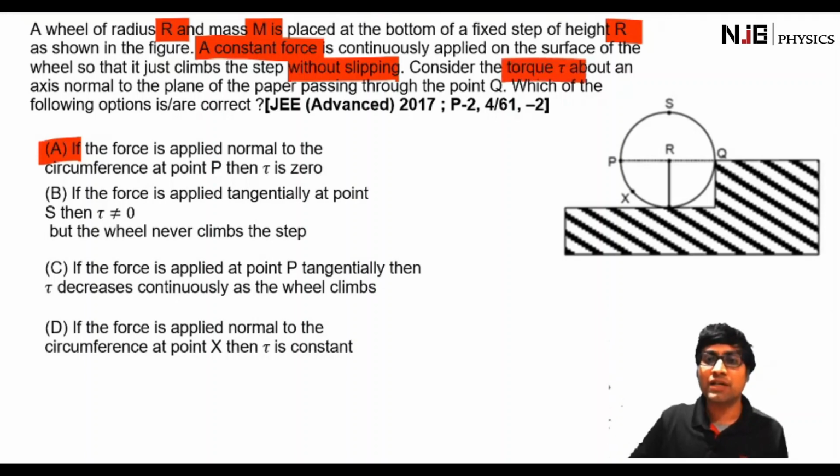So people have considered that this torque that they are talking about is the torque due to the external force only, whereas this torque must be considered to be the net torque on this rigid body. So when we consider this torque as a net torque on this rigid body, we are going to get the answer as A, which is going to be the only correct option.